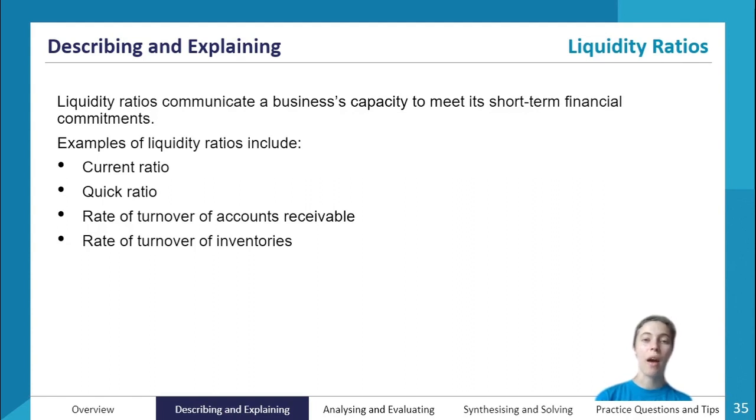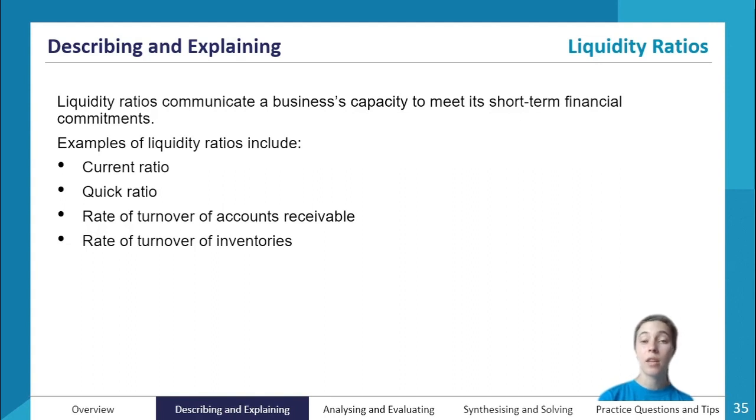When you think about the statement of financial position, we list our current assets in order of liquidity. If you've got cash in hand, so physical cash, that is very liquid because it's right there. You can literally give it to someone to pay off a debt or to purchase something.